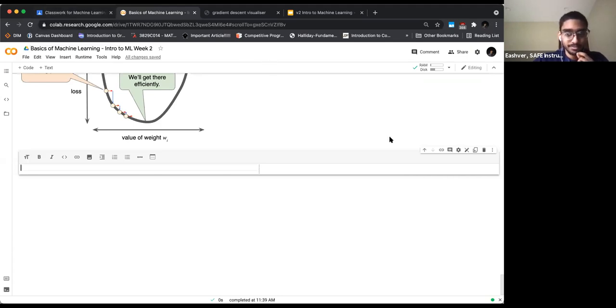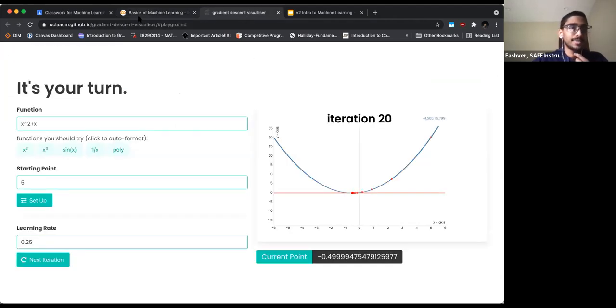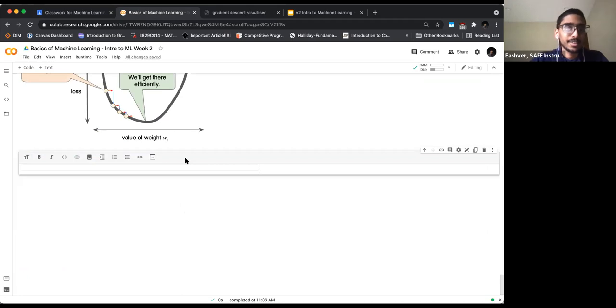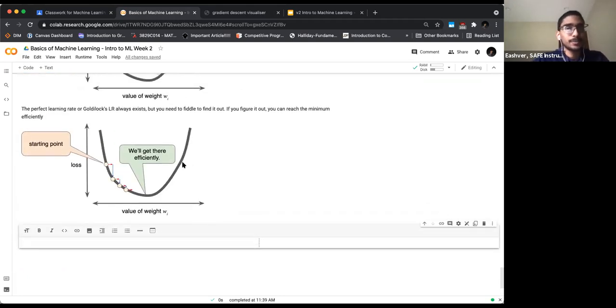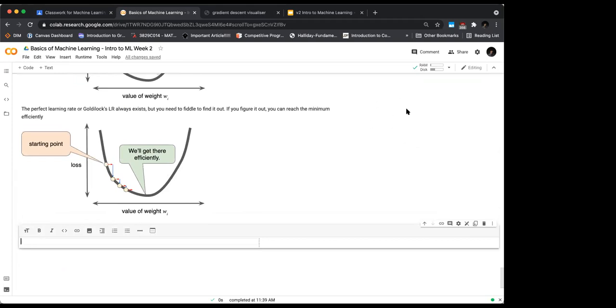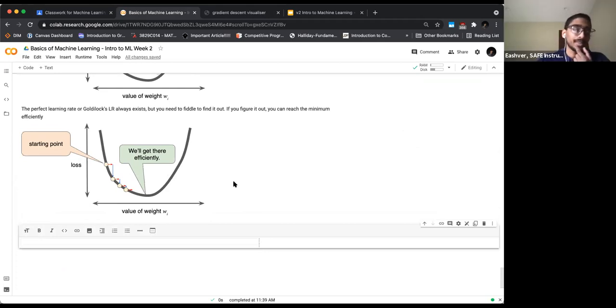But yeah, any questions on what gradient descent is, what it's supposed to be doing? How come the step gets smaller every time on that diagram? That's because the slope is getting smaller over time, right?